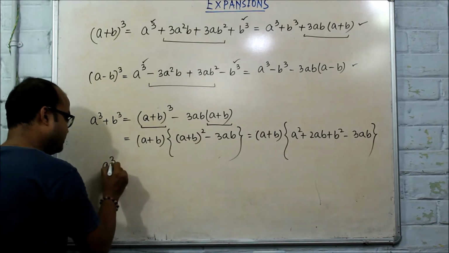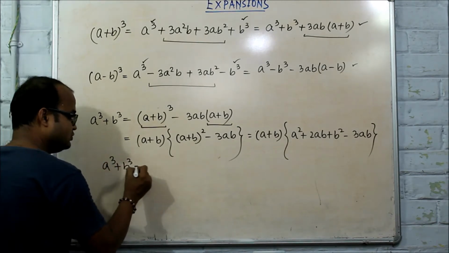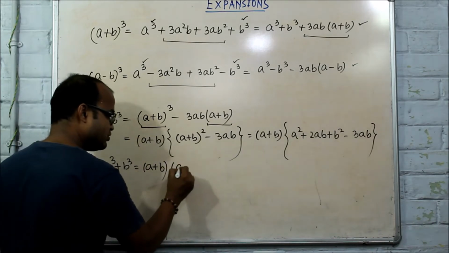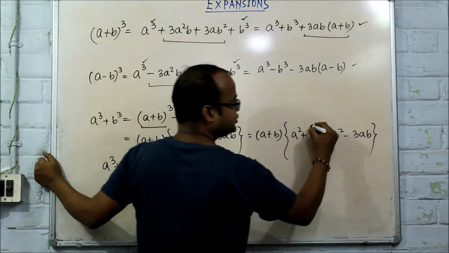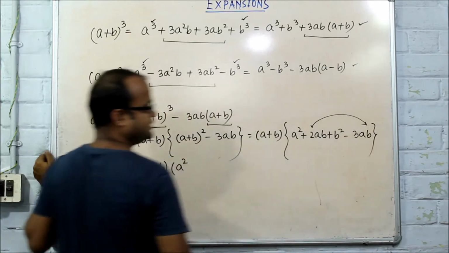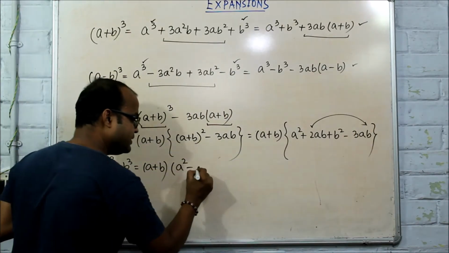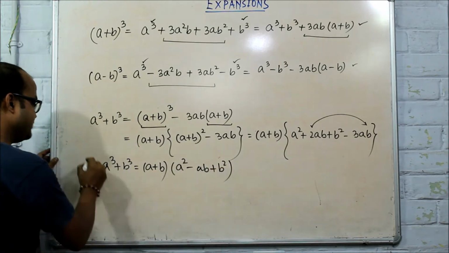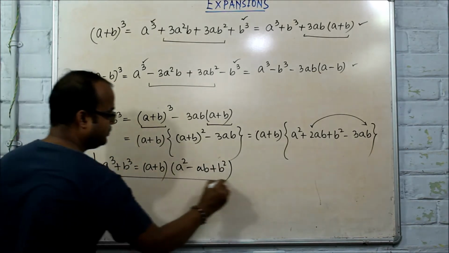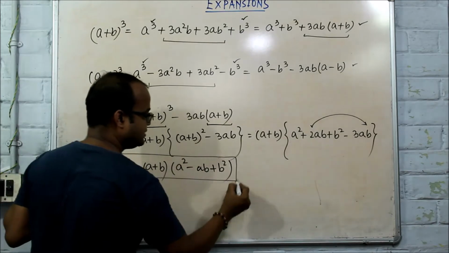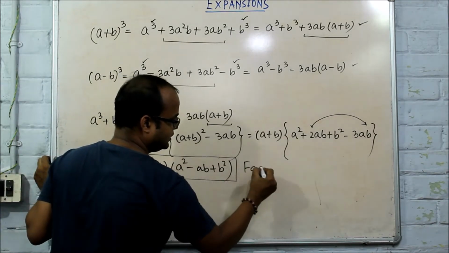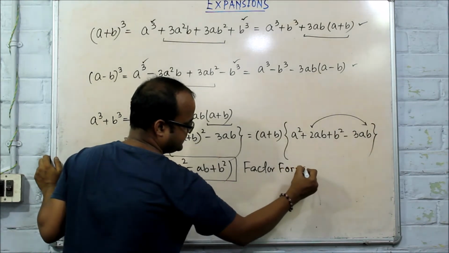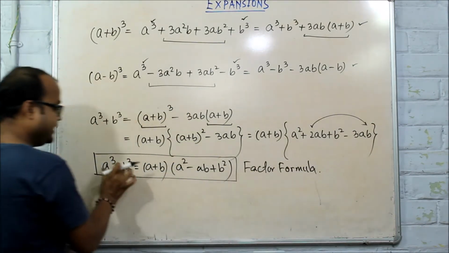Therefore, a cube plus b cube is equal to (a + b) into (a square plus 2ab minus 3ab plus b square), which is equal to (a + b)(a square minus ab plus b square). So, this is the formula of a cube plus b cube, and this formula is known as the factor formula of a cube plus b cube.